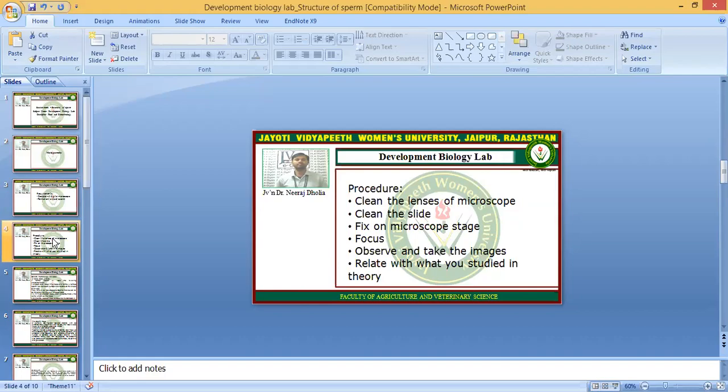Then first you will focus with the coarse focus adjustment, and for better focus and clearer images, you will use the fine adjustment. Then you will observe what you have seen under the microscope, and you will take the images with the help of the digital microscope, and you will relate them to what you have studied in the theory.